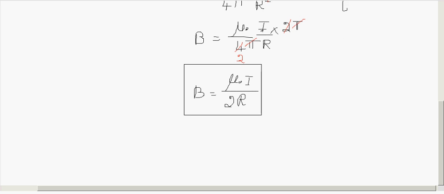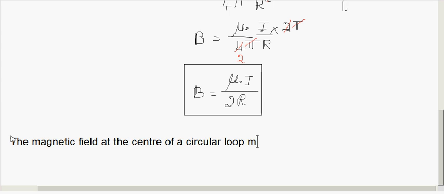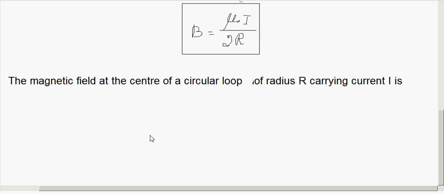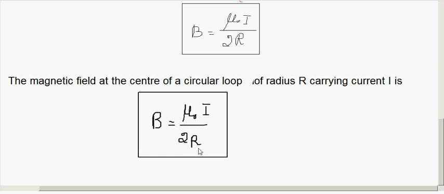So the magnetic field at the center of a circular loop of radius R carrying current I is given by B equal to mu naught I by 2R.